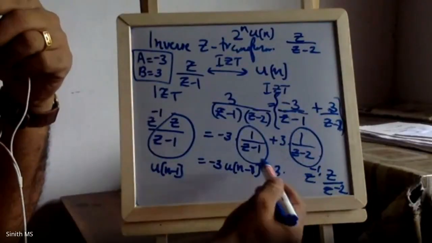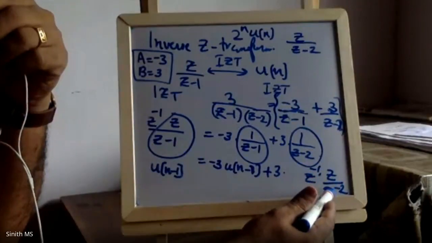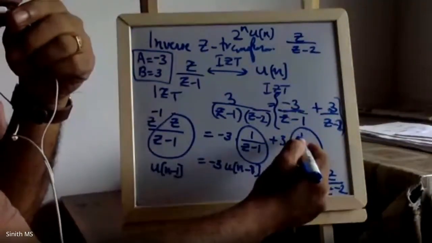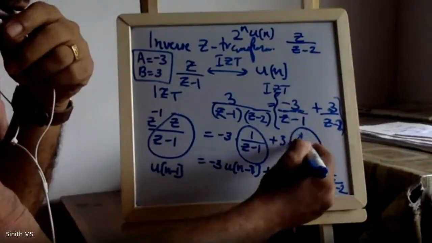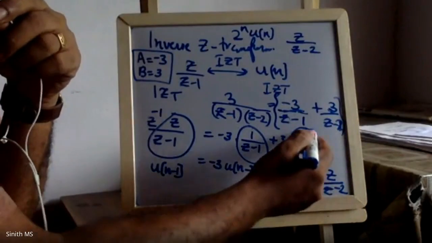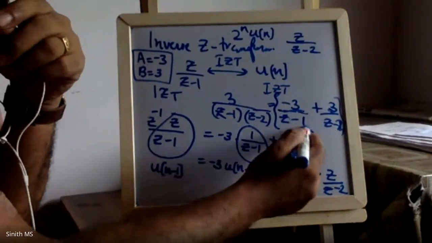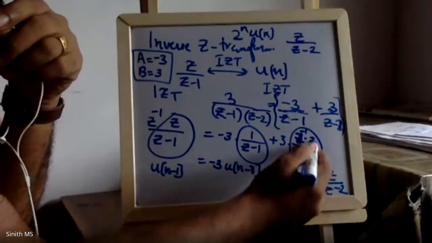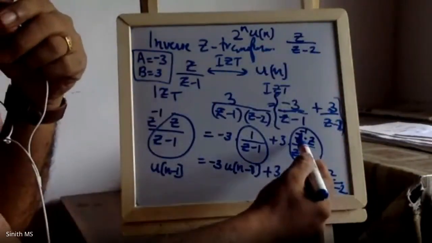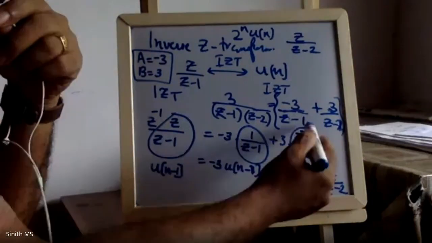But when you have z inverse into z by z minus 2, 1 by z minus 2 is z inverse into z by z minus 2. Z by z minus 2 has an inverse transform 2 raised to n u n, and you have another z inverse multiplication.